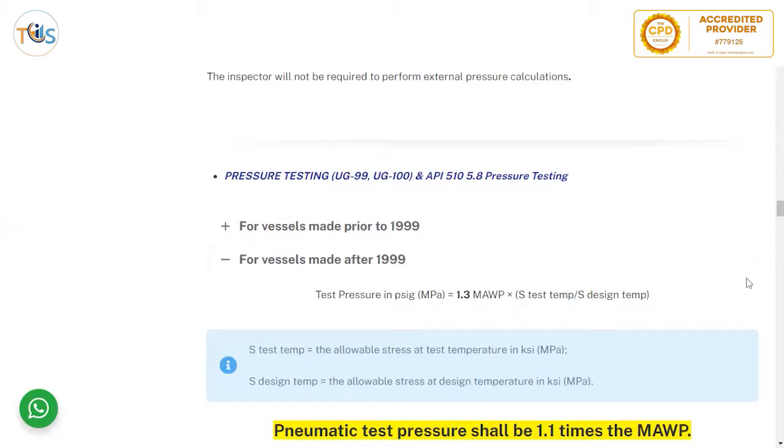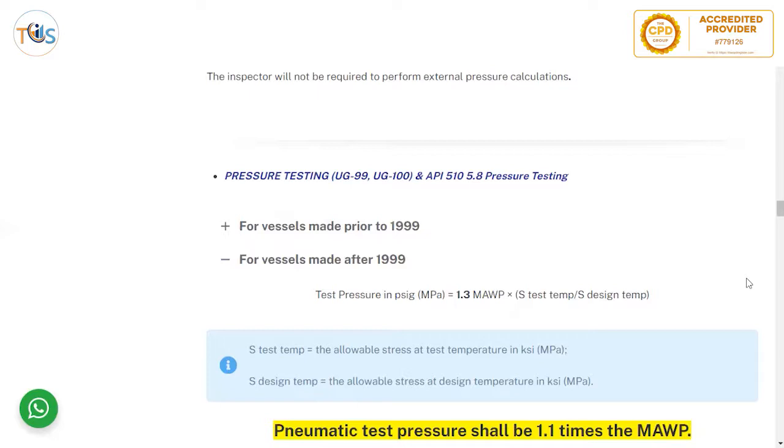So the allowable strength that you can use depends on the ratio of strength at test temperature divided by the strength at design temperature. I think it makes sense. I don't need to explain it any further.